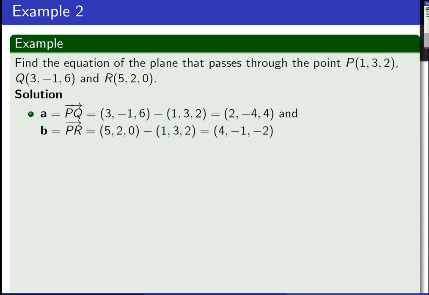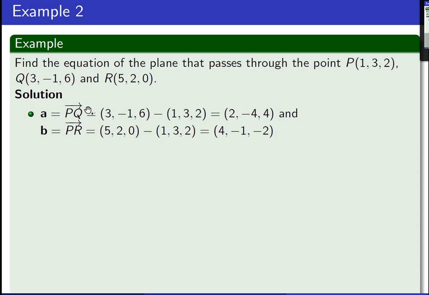And PR is found the same way: 5 minus 1, 2 minus 3, and 0 minus 2. So PR is this one here. We need to find a vector that is perpendicular to both a and b, that is, to the displacements PQ and PR.